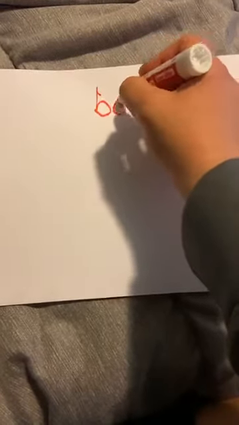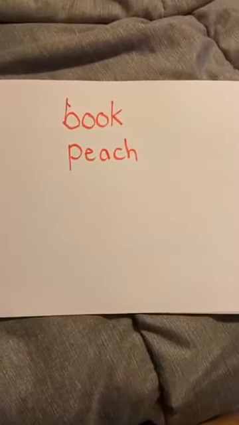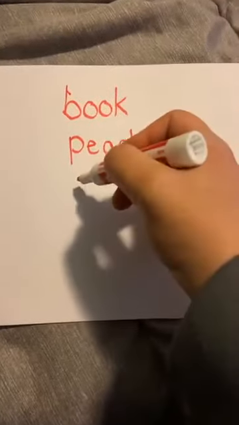And you see if you can figure out what to put on the ends of these. The first one is book. What do I put on the end of that book? S or ES? Next one. Peach. What do I put on the end of that one? Next one.